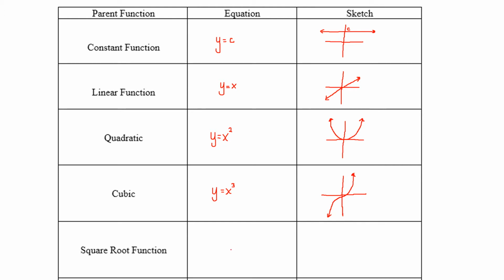And then a square root function, y equals the square root of x, is going to look more like that. Notice that the square root can't be negative because we can't take the square root of negative numbers.